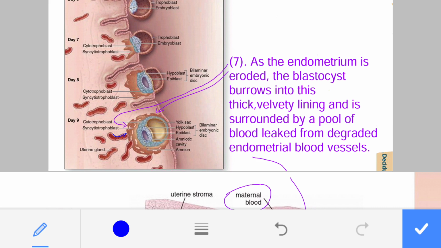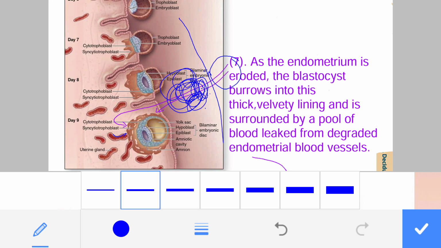We can imagine, for example, this is the endometrium, this is the blastocyst, and the syncytial protrusions are digesting these cells.